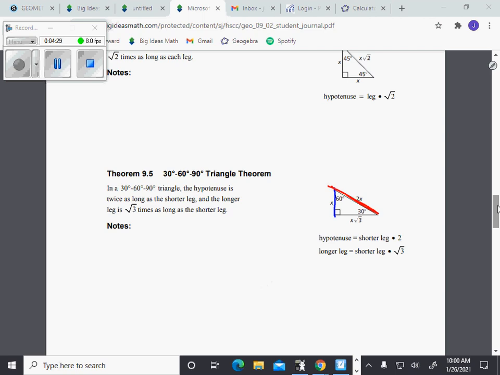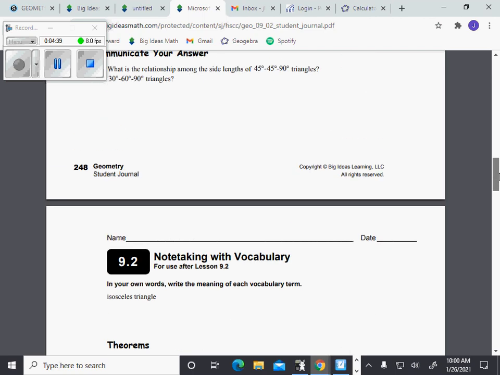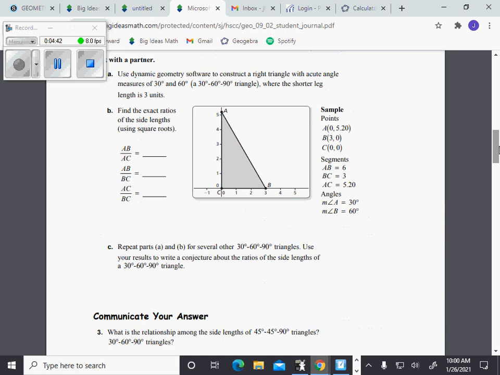So whatever our short leg is, that times 2 is going to be our hypotenuse. So if I go up here, back to my example, here's my short leg, it's 3. Right, so my hypotenuse is going to be 2 times 3, which is going to be 6.